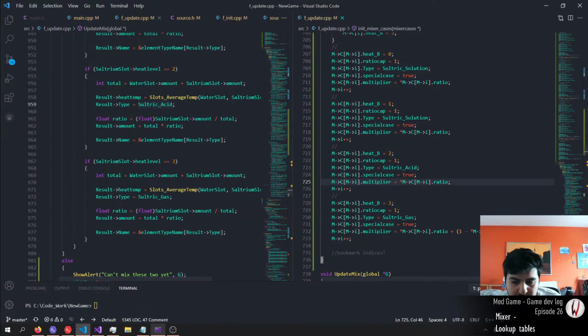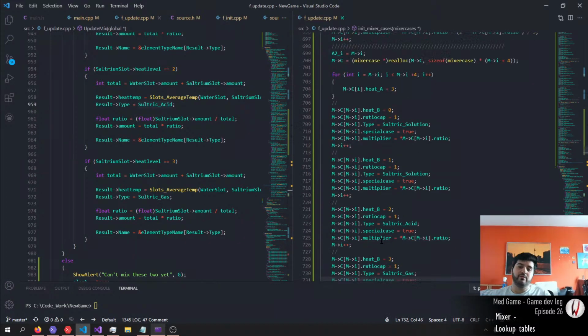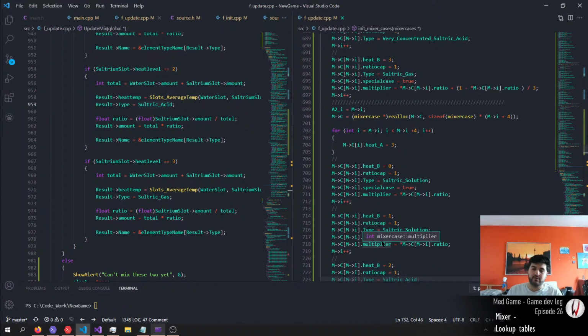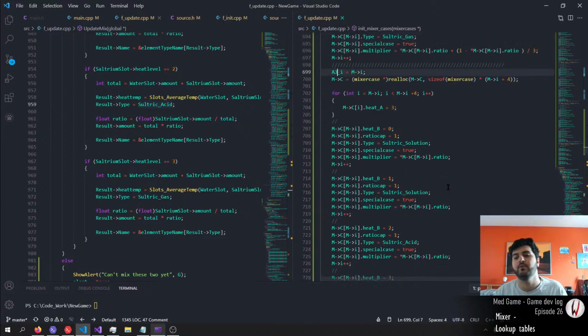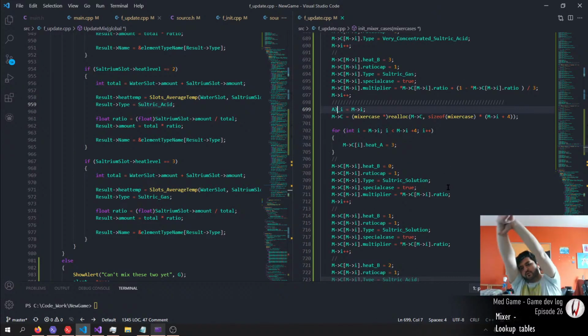Heat level 3 multiplied by ratio gives you gas. That's it. 1, 2, 3, 4. We have 4. They're all initialized. And here is A level 3. Now we have these bookmarks, of which A level we are.